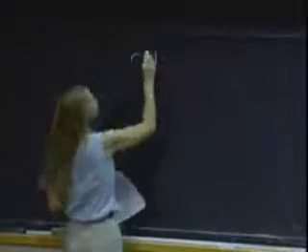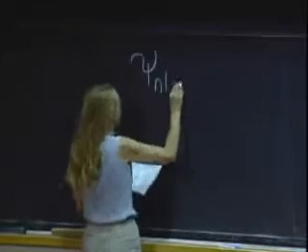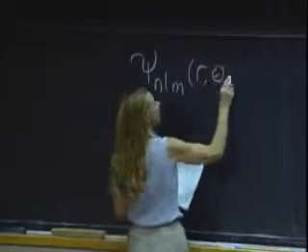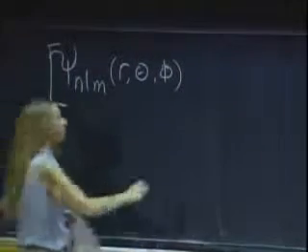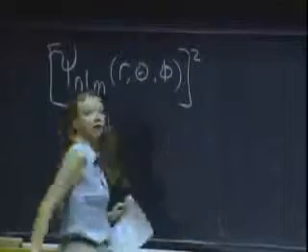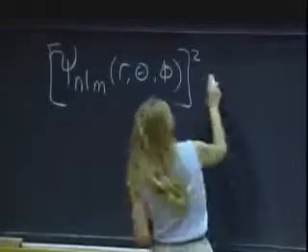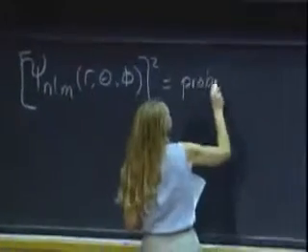In other words, he said, let me take psi_nlm as a function of r, theta, and phi. Let me square it. Let me interpret that as a probability density.